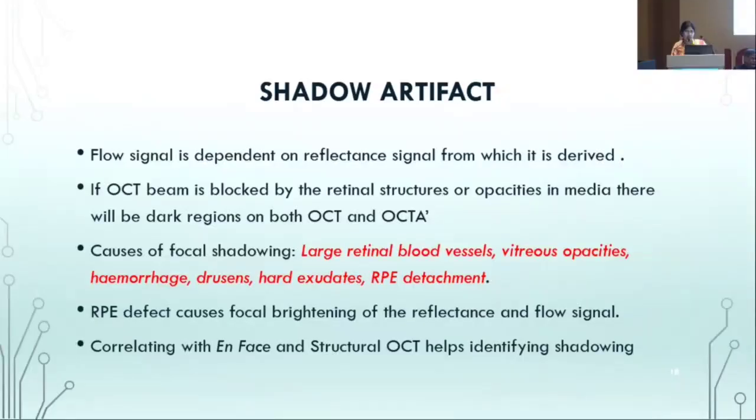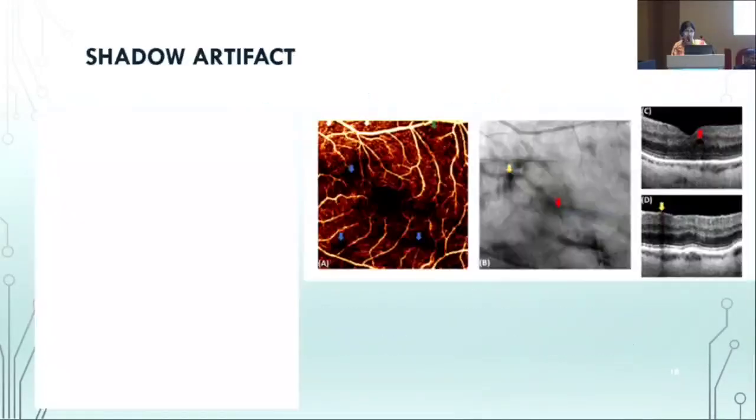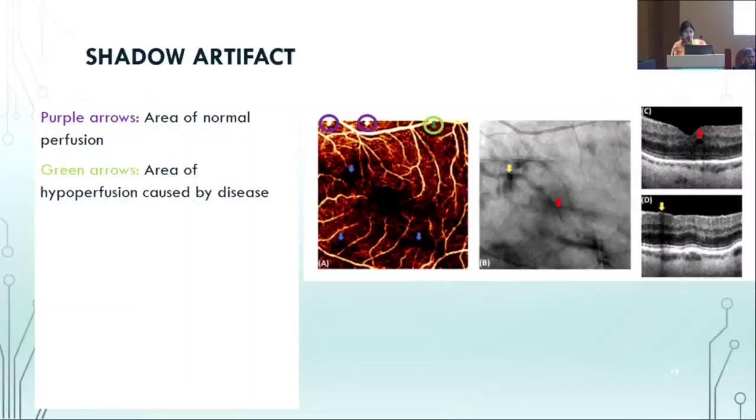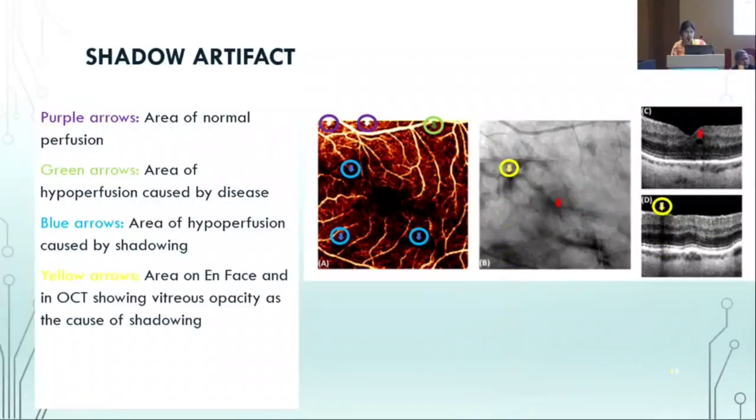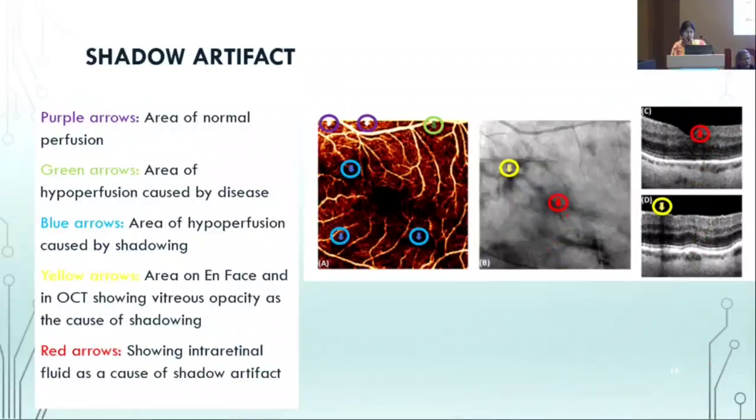Correlating with en face and structural OCT helps in identifying shadowing. Shadow artifact is seen in this image. The purple area shows areas of normal perfusion, green shows areas of hypoperfusion by the disease, and blue is the area of hypoperfusion caused by shadowing. The en face image shows the shadowing as a result of vitreous opacity.